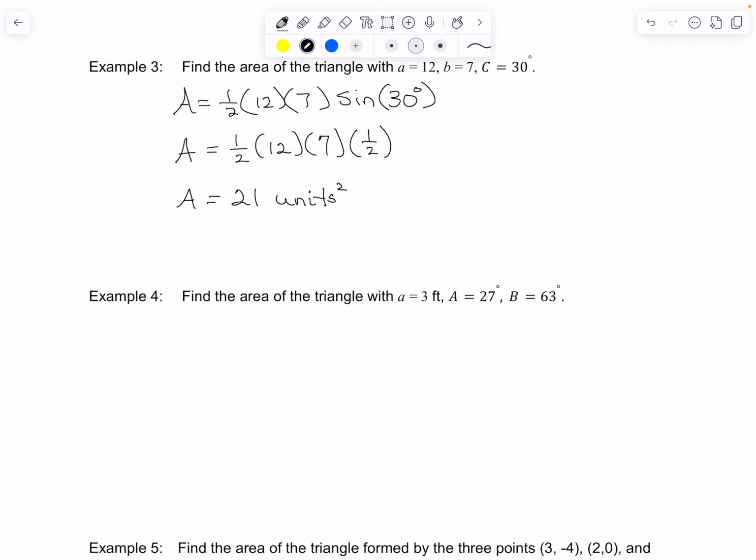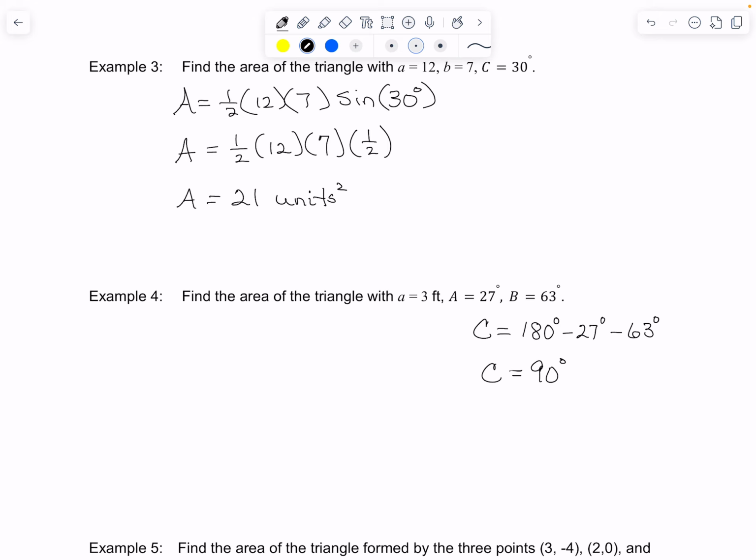And so when I'm looking at that, once you know 2 angles, you can find the third angle by recalling that a triangle has 180 degrees. So we're going to take the total degree measure for a triangle, 180, and subtract the 2 angle measurements that we already know. And for this one, 180 minus 27 degrees minus 63 degrees gives me 90 degrees.